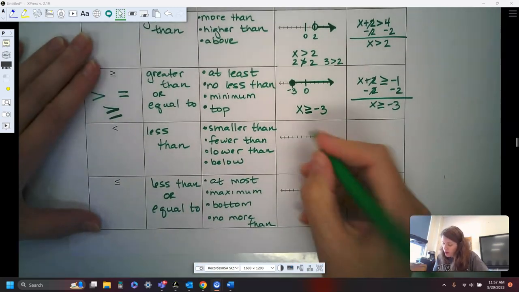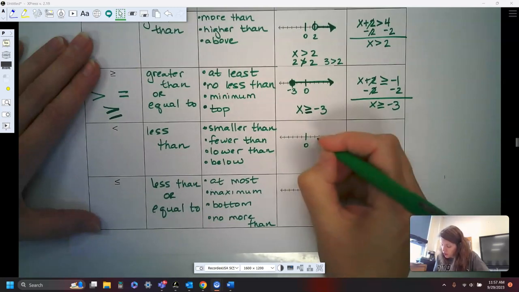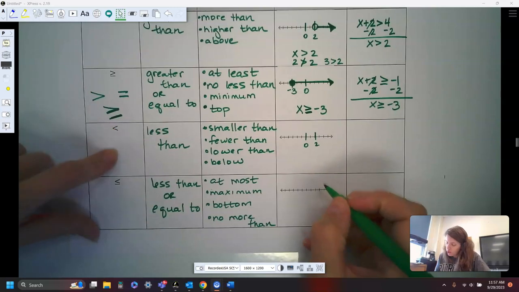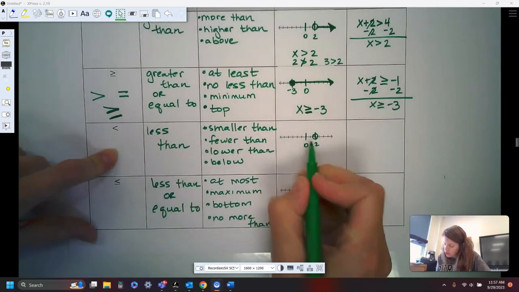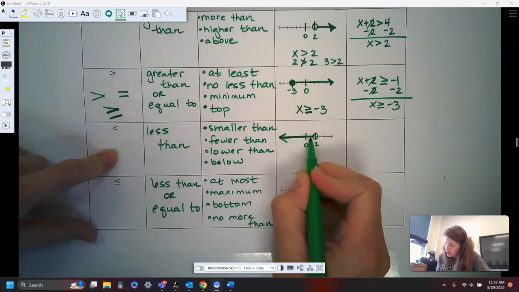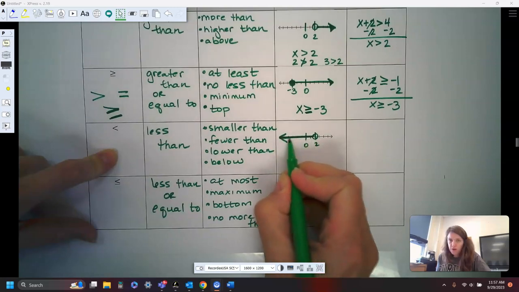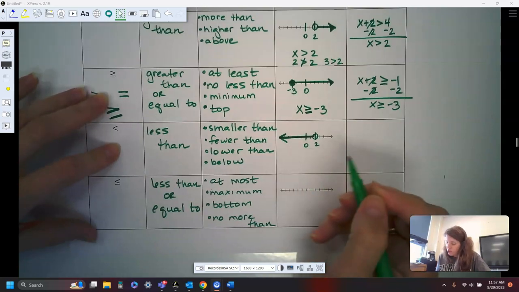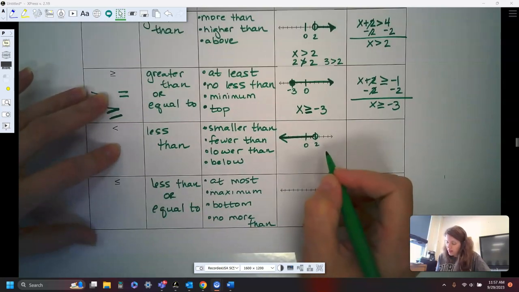All right, so let's come up with our couple examples. Here's a 0. We'll do 2 again. If we're going less than 2, right, we are open circle at 2, and we're going in the smaller direction, where the smaller numbers are, right? 2, 1, 0, -1, -2, -3, right? Those are all less than that. So let's come up with an equation that's going to work to give us a less than 2.